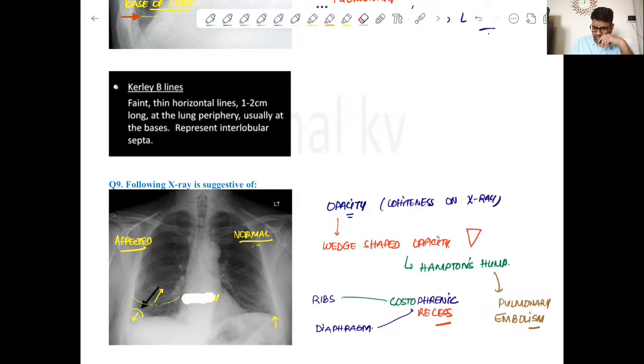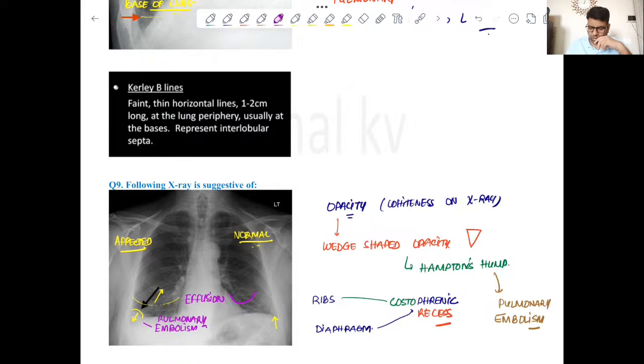And yes, both will present as radio opaque impression. Very right, Chaitanya. It will be radio opaque, but the upper surface is different. So this is effusion, upper concavity, and this is pulmonary embolism with the convexity upward. Clear? So this is how you have to differentiate.